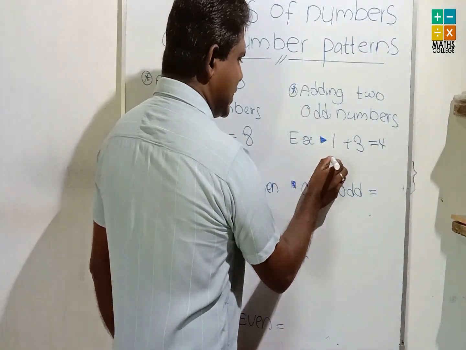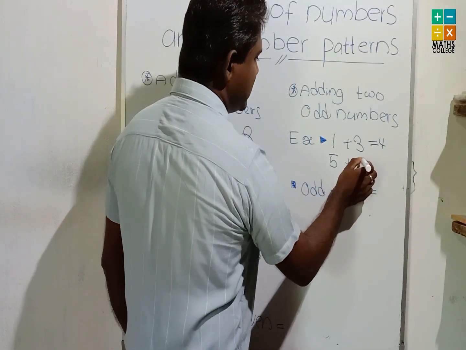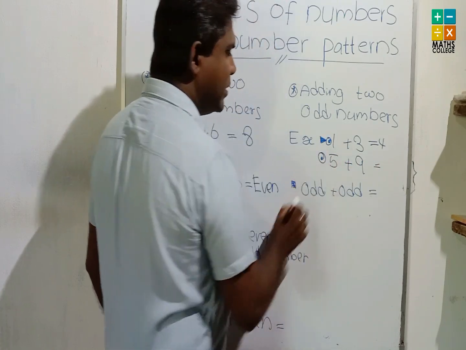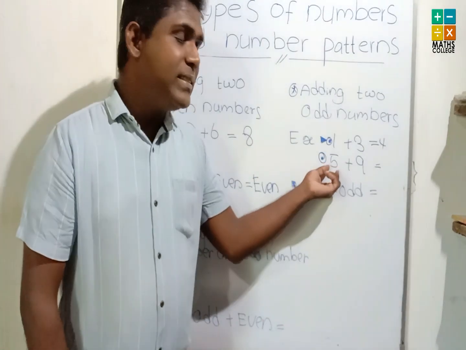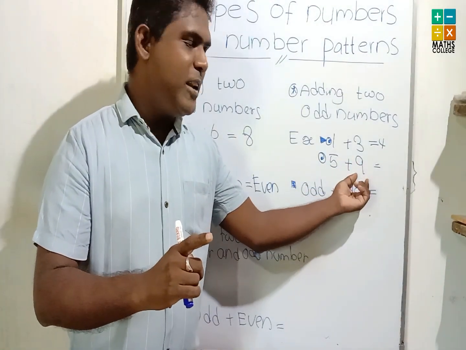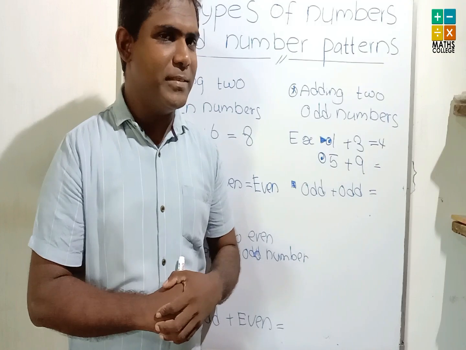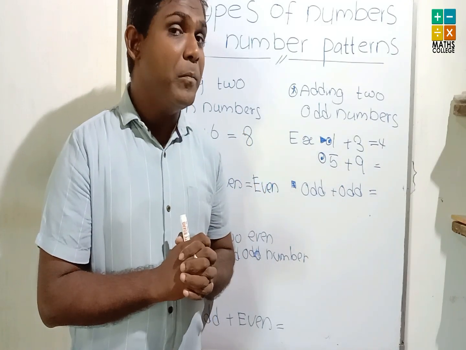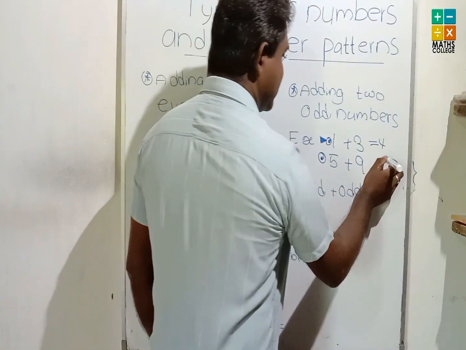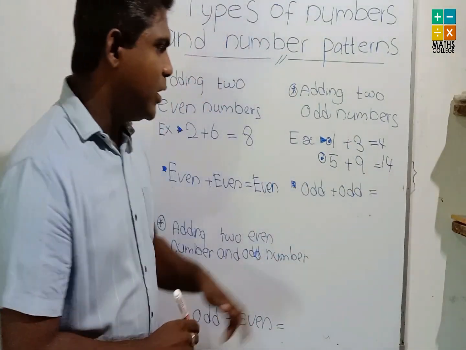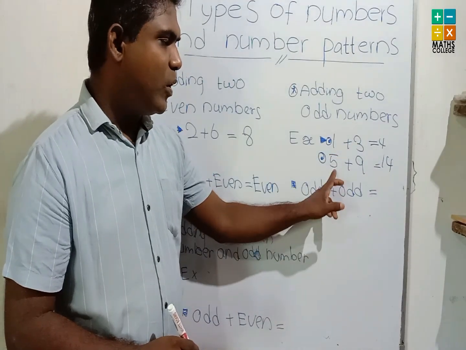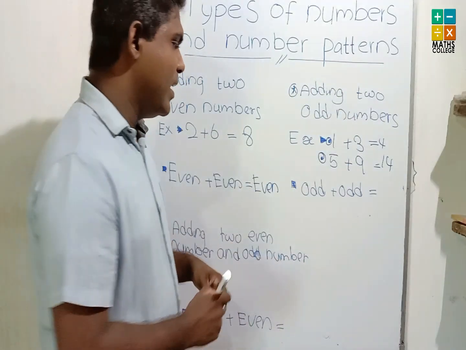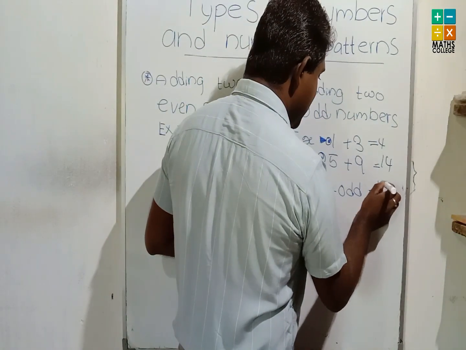We can consider another example. 5 addition 9. 5 is an odd number, 9 is also an odd number. What is the answer? 5 addition 9 is 14. What happened? Odd plus odd, the answer is even.